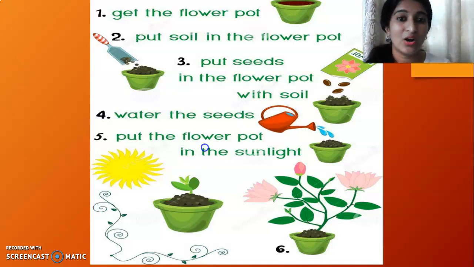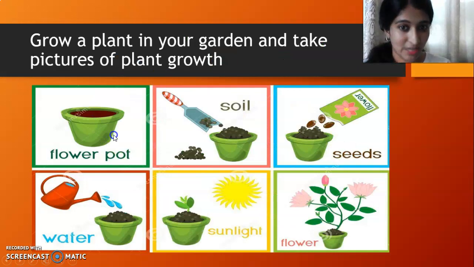You can record your observation. Okay, you take a flower pot, add some soil, add some seeds, add some water, place it in the sunlight, and after some days you can see the seeds started to become a plant. After some days the plant starts to have some flowers.